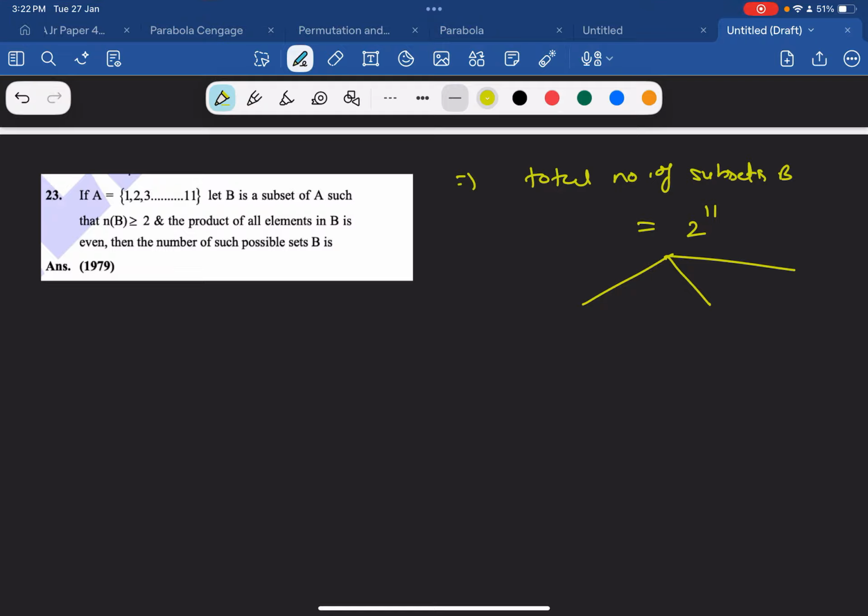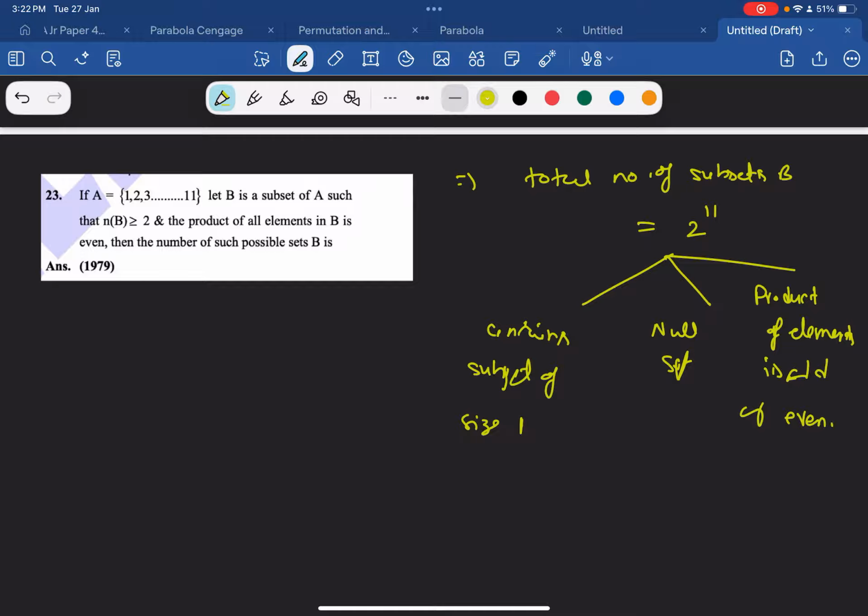Now this contains subsets of size 1, it also contains the null set, and it also contains subsets whose product of elements is odd or even. Correct or not? This is what it is going to be.